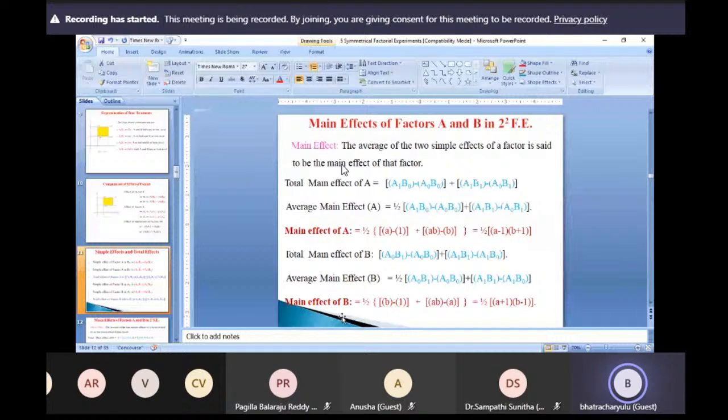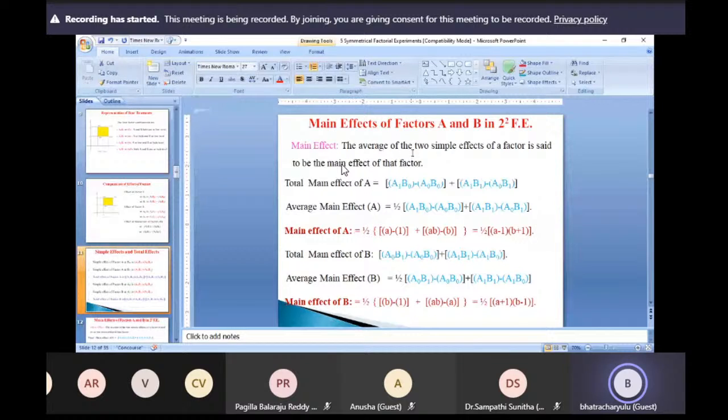Now you check the total main effect. So this is a simple effect, that is called the total effect, and for the average you have to divide by 2. And that is called the main effect of factor A. How do we calculate the main effect?